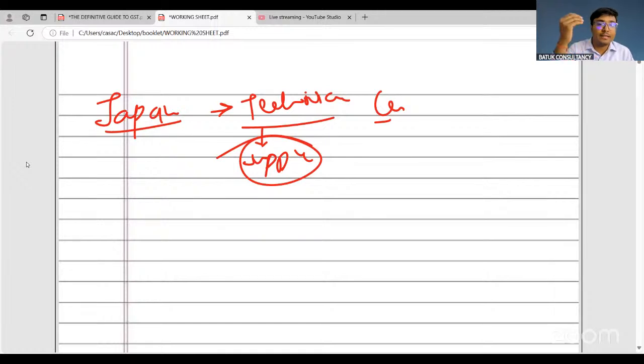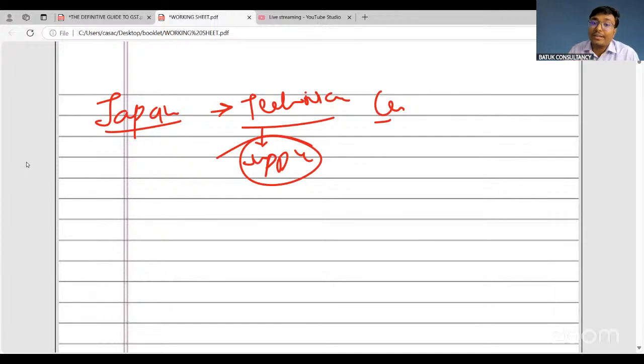We'll discuss the concept at the time of import and export. For now, keep one thing in mind: if a business person takes any services from outside India which are not related to the business, it will be treated as import of service and as supply.